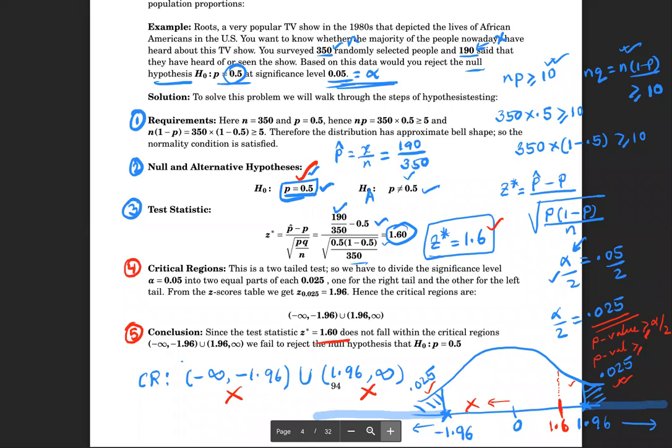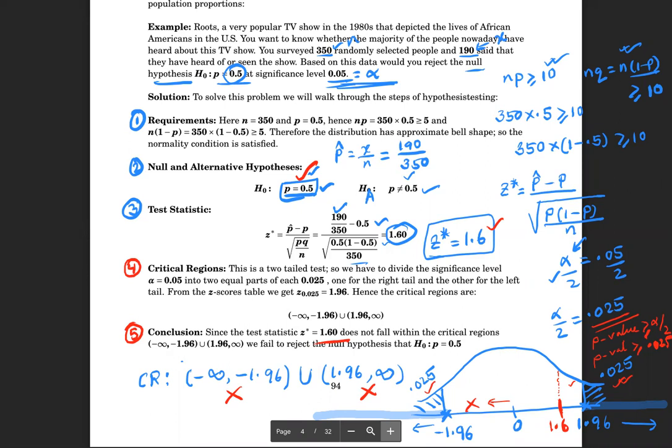The p-value is greater than or equal to 0.025. If that is the case, in that scenario, you will not reject the null hypothesis. Why? Because if the p-value is greater than or equal to alpha over 2, it does not fall in the critical region.